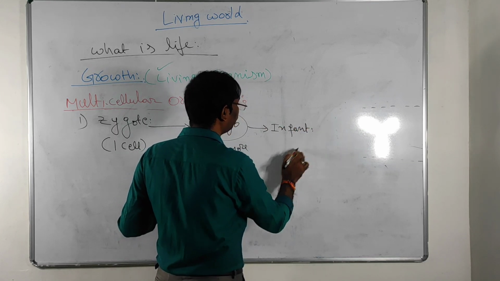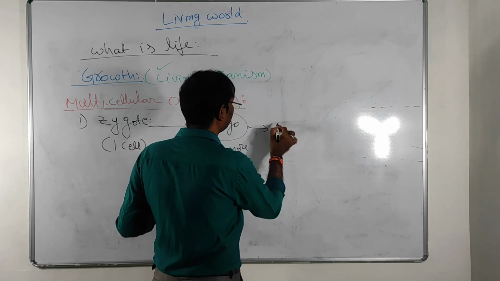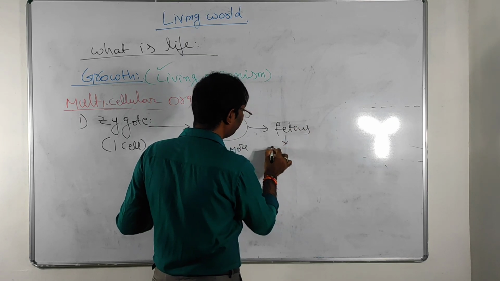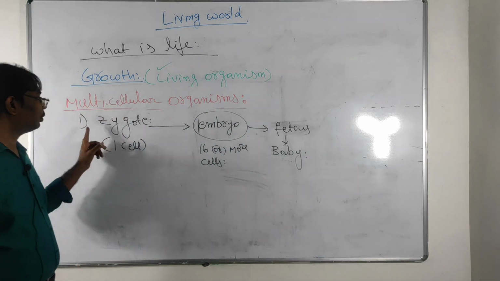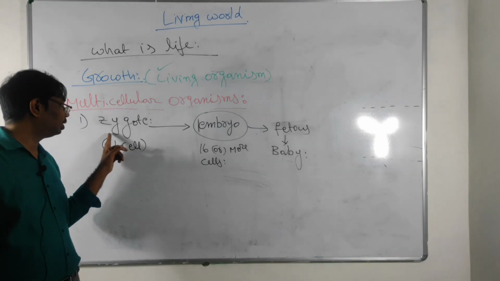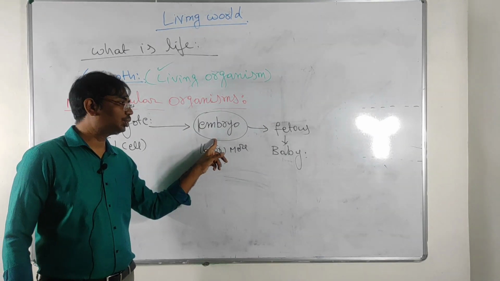The embryo will become a fetus. The fetus will become a baby. So like that, the number of cells is increased. Our life began with a single cell, that is called the zygote. The single cell becomes a multicellular structure, that is called the embryo.